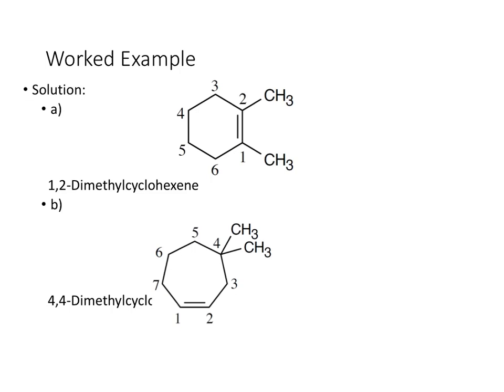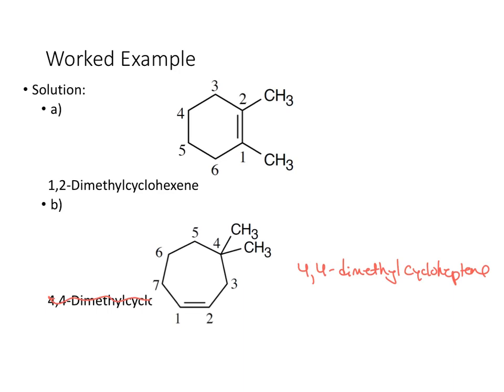And then the one below, the answer is cut off here, is 4,4-dimethyl-cycloheptene. So it's a 7-membered ring, so cycloheptane, but it has a double bond, so cycloheptane becomes cycloheptene.